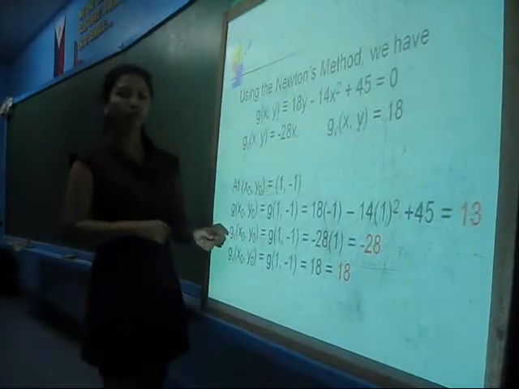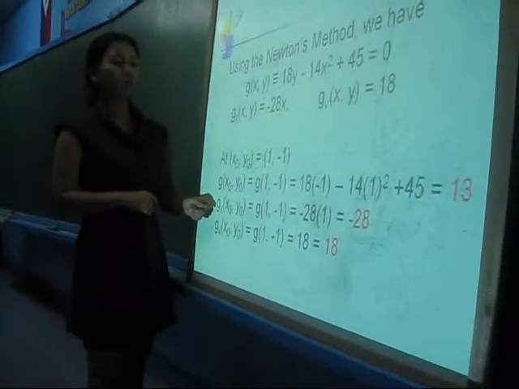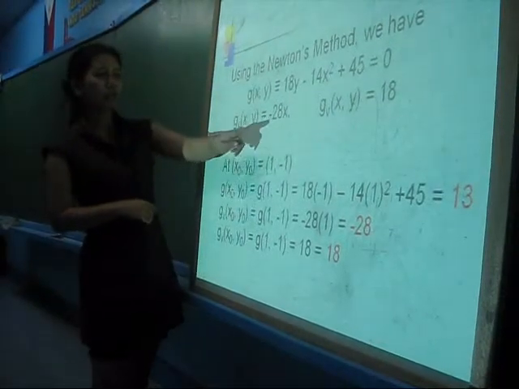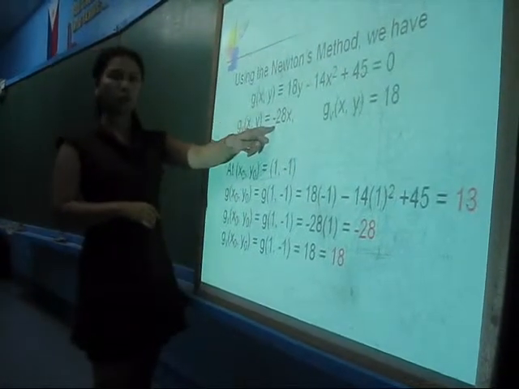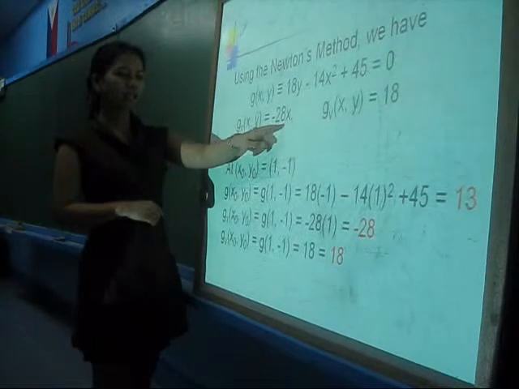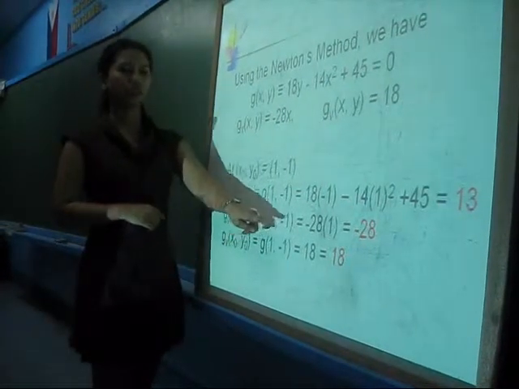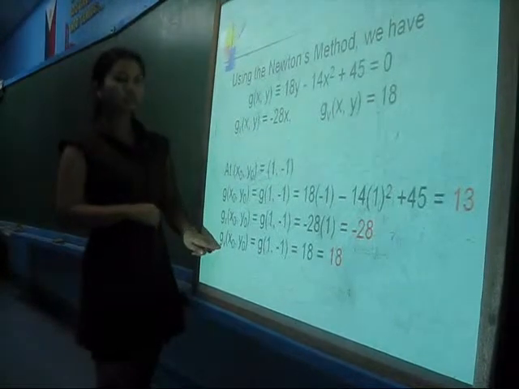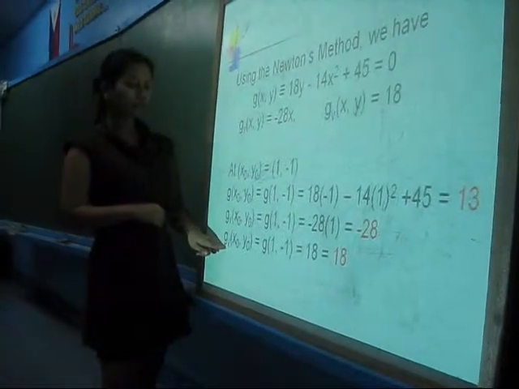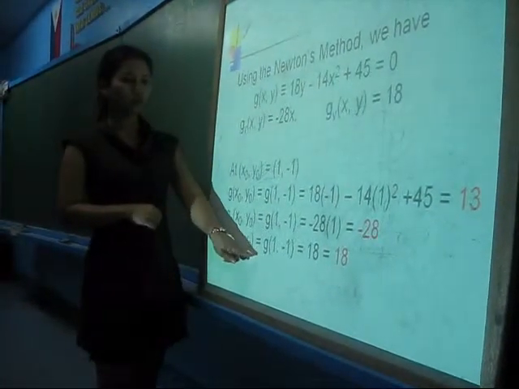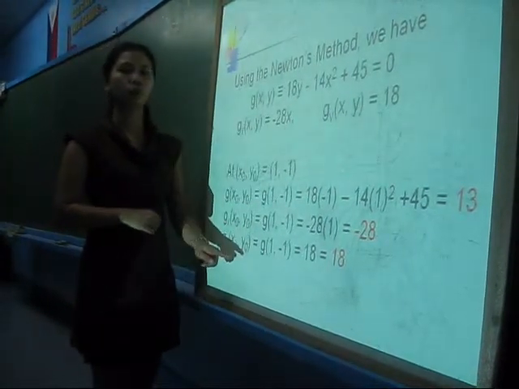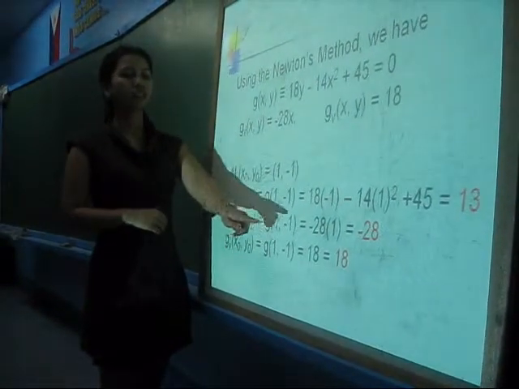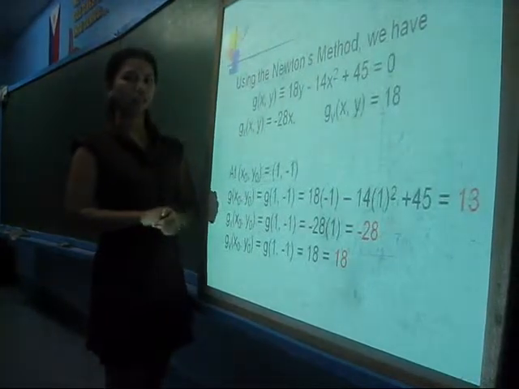And then g sub x of x sub 0, y sub 0 is equal to negative 28x. Substituting the value of x, which is positive 1, the result is negative 28. And likewise, g sub y of x sub 0, y sub 0 is equal to positive 18, and since we don't have a variable there, the result is still positive 18.